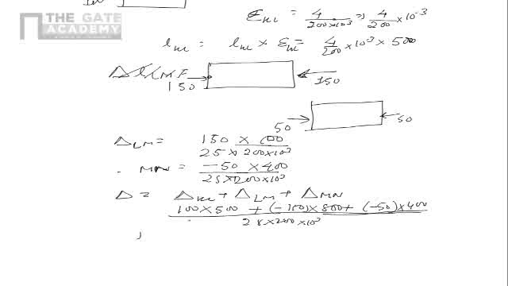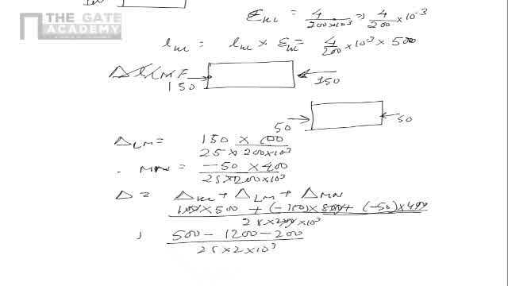So I take out 100 from here, 100 from here, 100 from here, and 100 from here. So it becomes 500 minus 1200 minus 150 into 8 is 1200, minus 50 into 4 is 200, divided by 25 into 2 into 10 to the power 3.